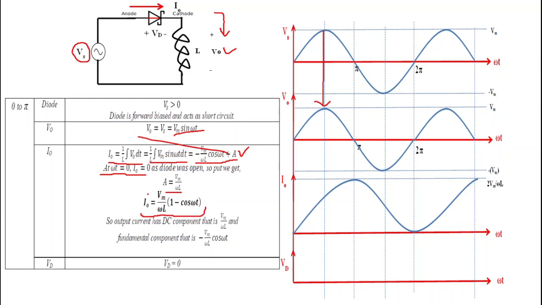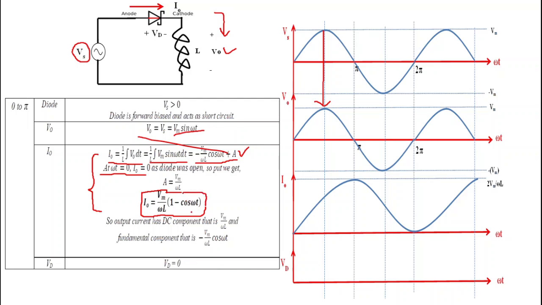I am describing this derivation for your knowledge, but there is no need to remember this derivation from the exam point of view. From the exam point of view, you have to remember this equation of current: I0 is equal to Vm by omega L times 1 minus cos omega t.